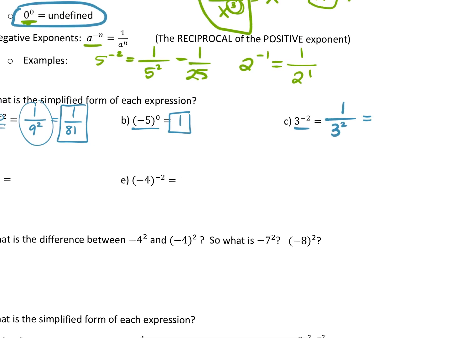You're not going to plug any of this into your calculator. If you need to check what 3 squared is, then plug 3 squared in. And then you still keep the 1 on top. Essentially, we're taking the reciprocal, right? 3 to the -2nd over 1. Flip it. Bring the 1 up. Move that 3 to the -2nd down.